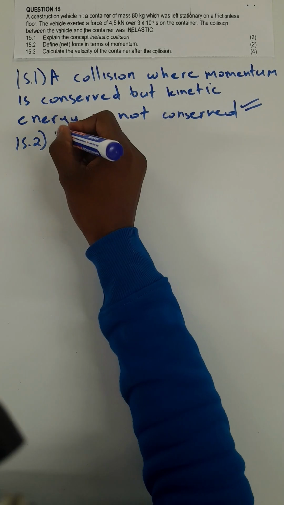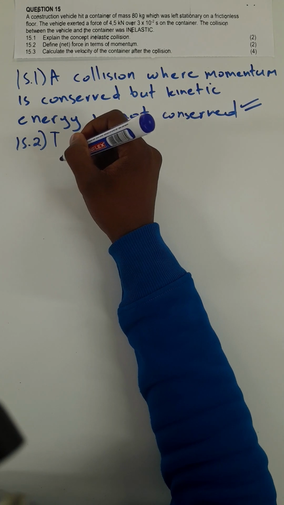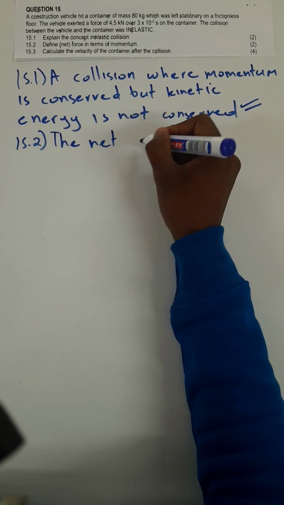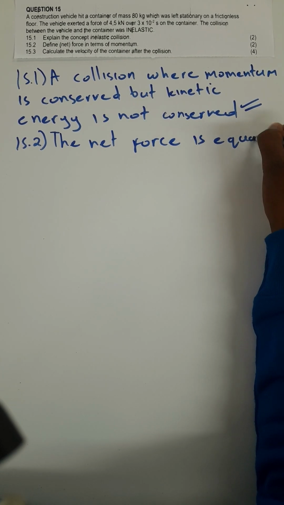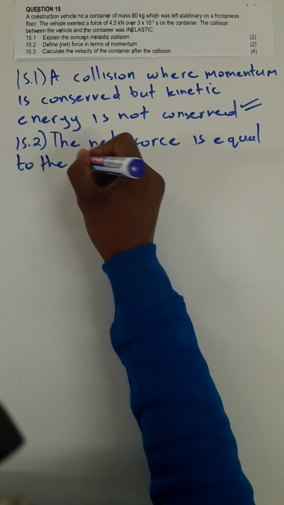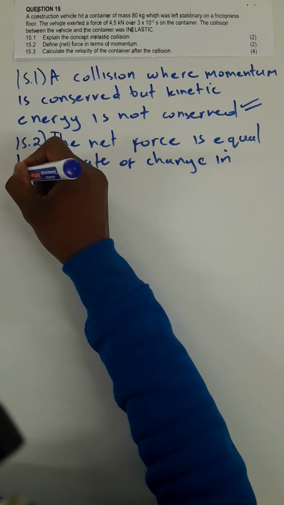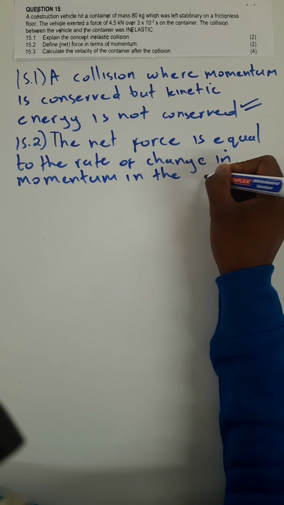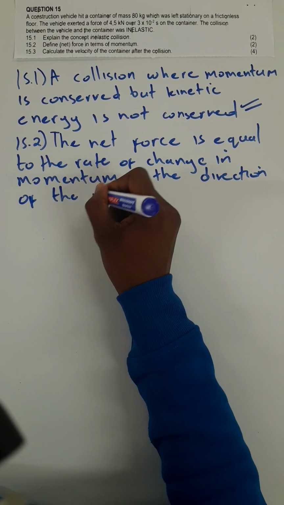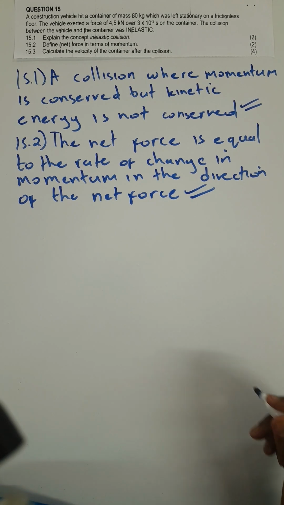It says that the net force acting on an object is equal to the rate of change in momentum in the direction of the net force.